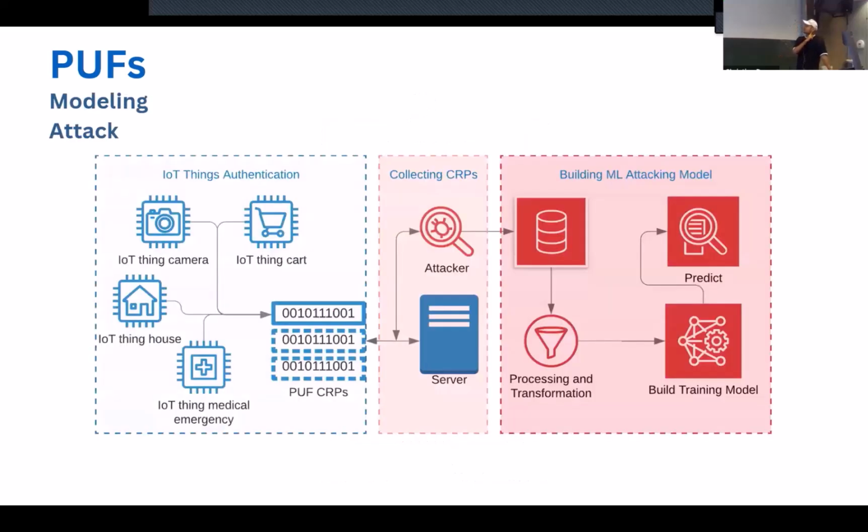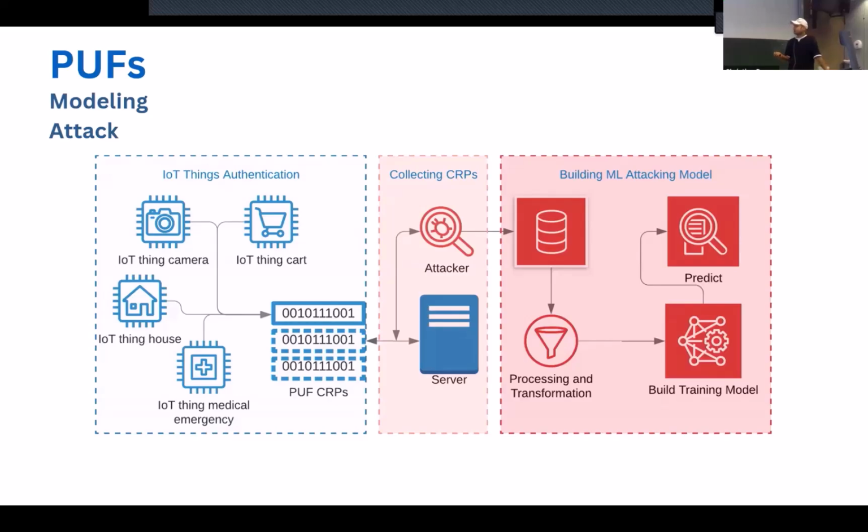Next, the most common attack scenario is an attacker who taps into the challenges and responses communicated over the server. He collects and stores all the challenge-response pairs that were communicated. Based on the pairs stored in his database, he tries to predict the response of the next challenge for the PUF.